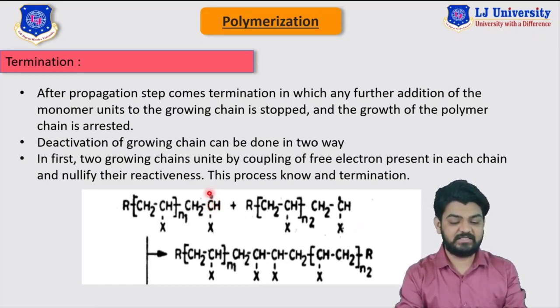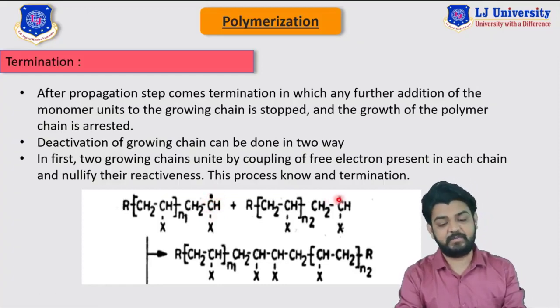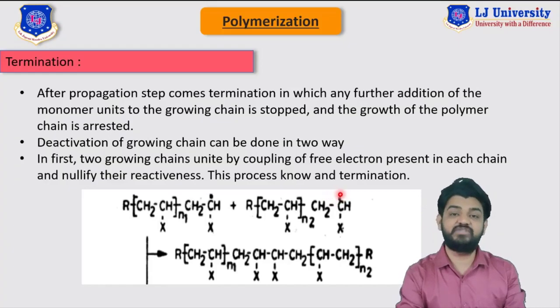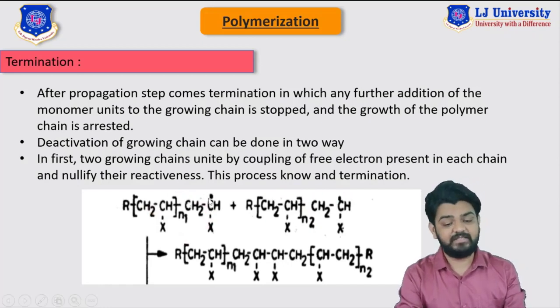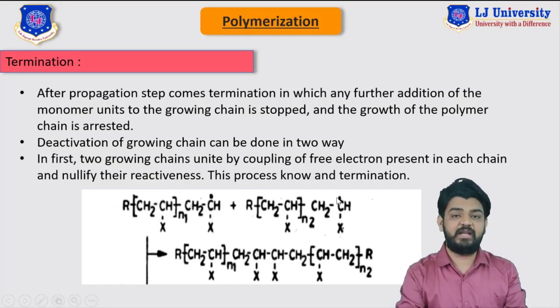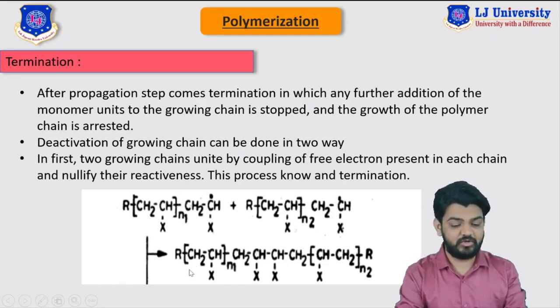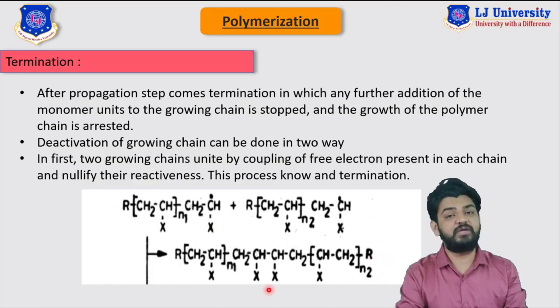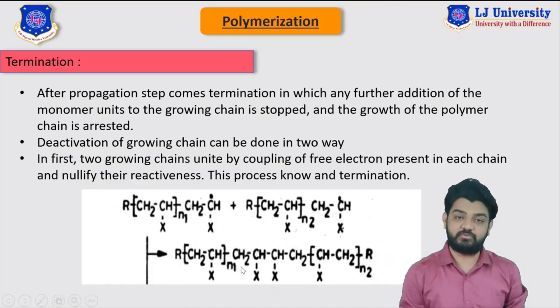This last carbon has a free radical within it, and this last carbon also contains one free electron. When these two polymers come in contact with each other, they donate the one electron in their outer periphery and make a bond. Now this substance does not have any free radical or free electron, so it will not undergo any further polymerization.